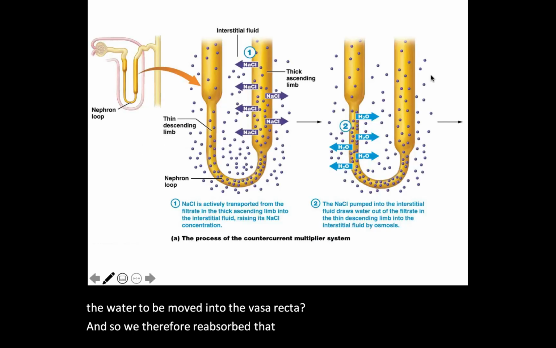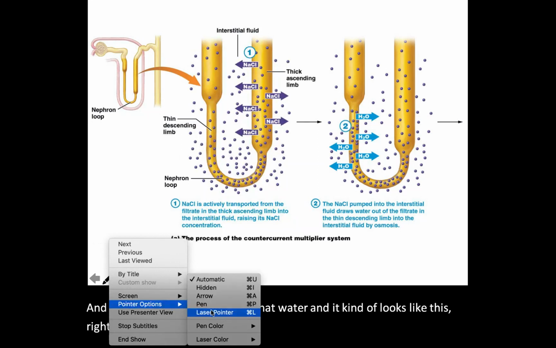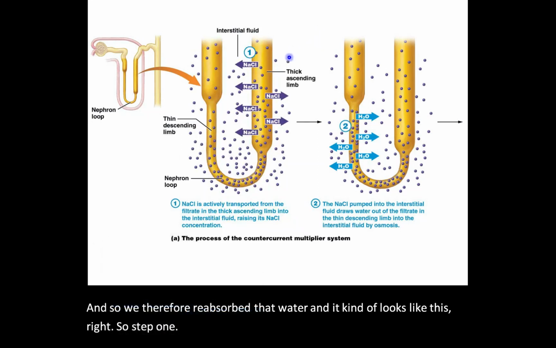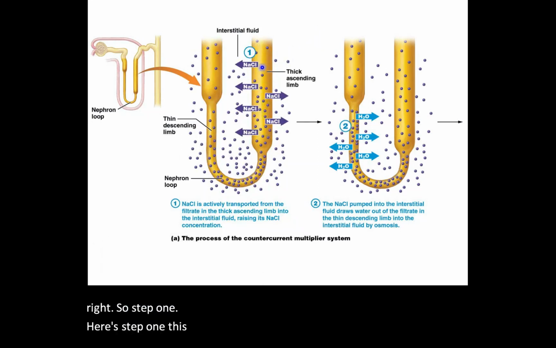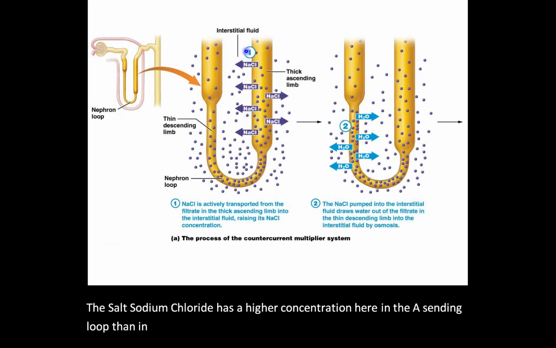And it kind of looks like this. All right, here's step one. This is the ascending branch right here. The salt, the sodium chloride, has a higher concentration here in the ascending loop than in the surrounding renal pyramid.